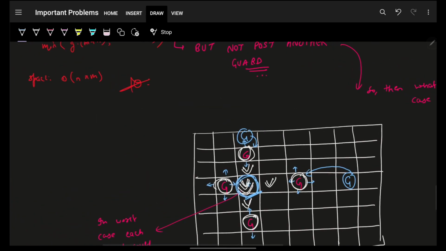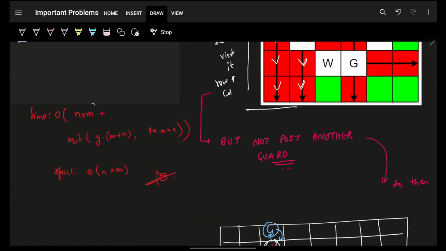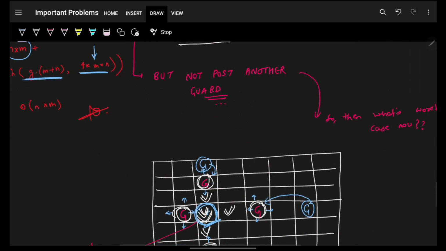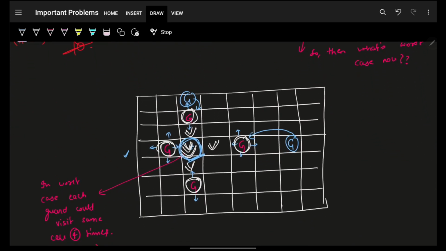And ultimately, this is your complexity, that you will firstly make a grid of size n cross n, then obviously you will be traversing, but in worst case, you will actually be visiting any cell at most 4 times. Again, it is much lesser than 4 into n into m, because this actually, I told you a very specific worst case, but obviously the things are more sparse in the grid.